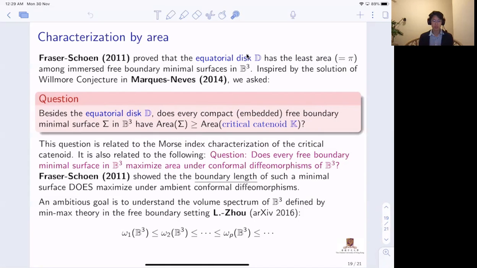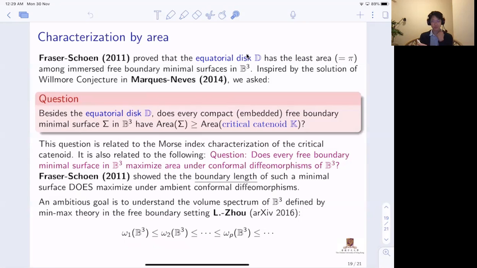In terms of area, there's also the free boundary min-max theory that Schoen and I developed a few years ago. We can look at the volume spectrum in that case for the ball, where the width will be achieved by free boundary minimal surfaces. So the problem, analogous to the Willmore conjecture, is whether we can compute the spectrum of the three-dimensional ball, at least on the lower end.